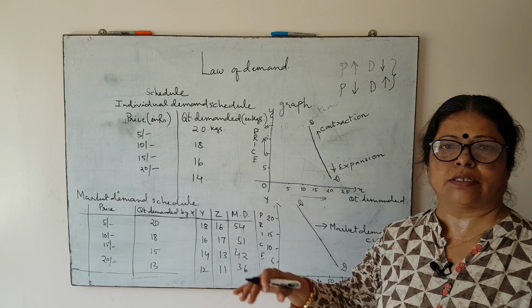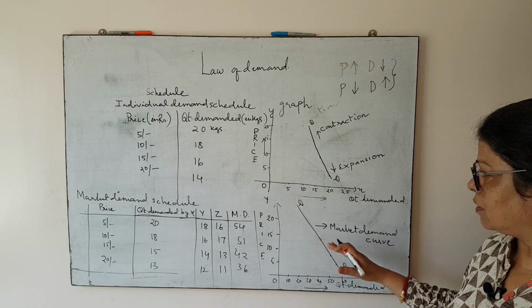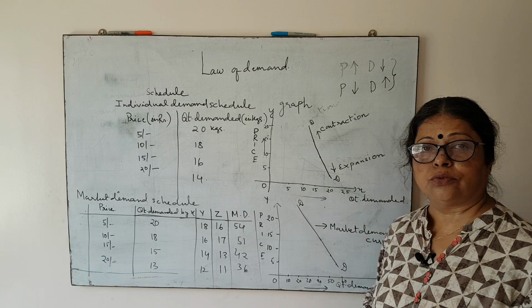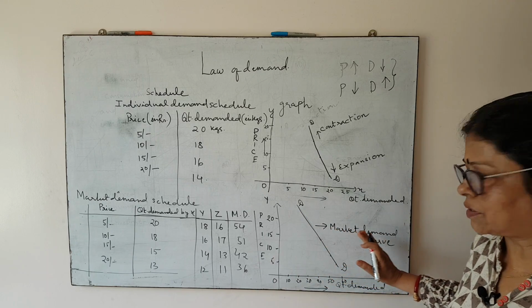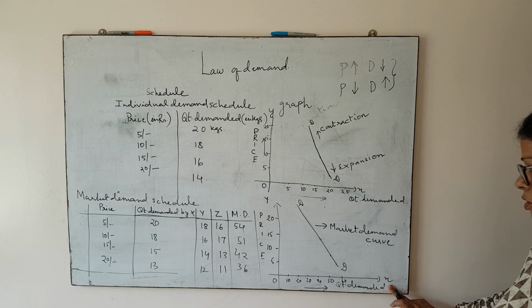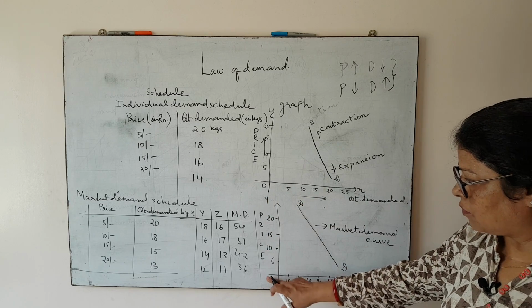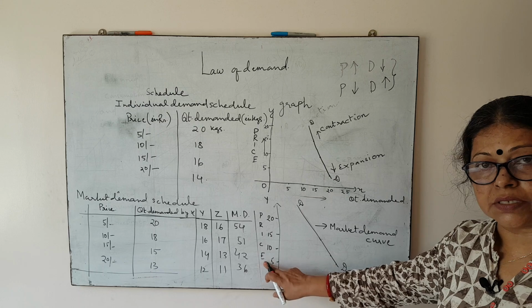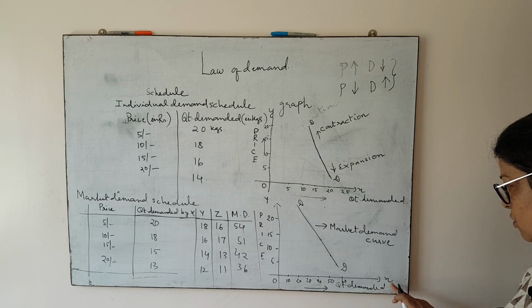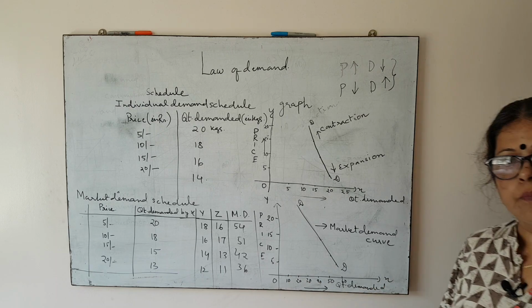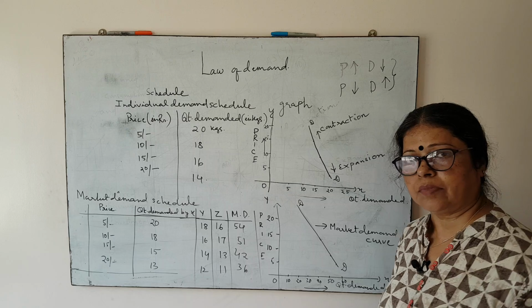So I will say it's preferred that you draw freehand diagrams. But you always have to mention the x-axis and y-axis. The y-axis always represents price and the x-axis always represents quantity demanded.